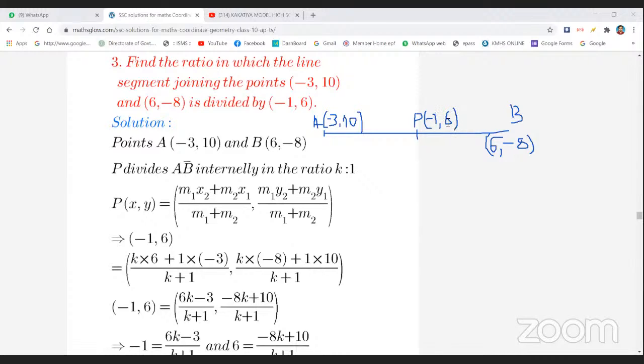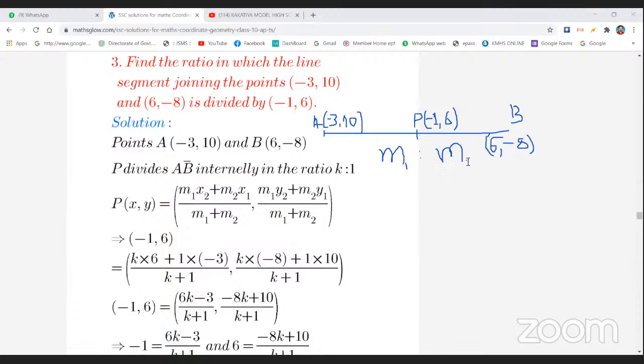This is the dividing point. So what do I need to find here? The dividing ratio, that is considered as M1 is to M2.